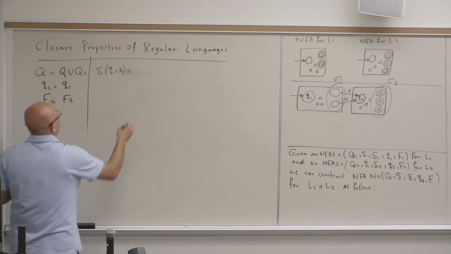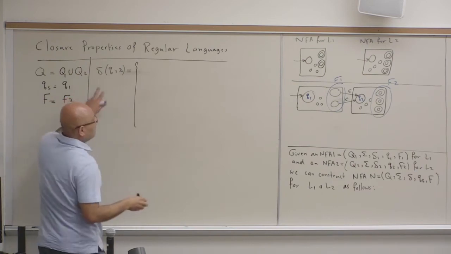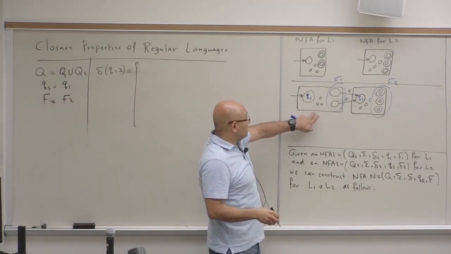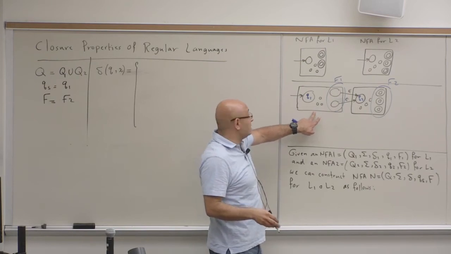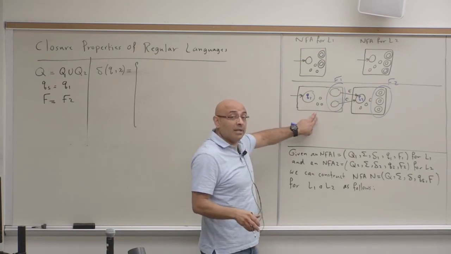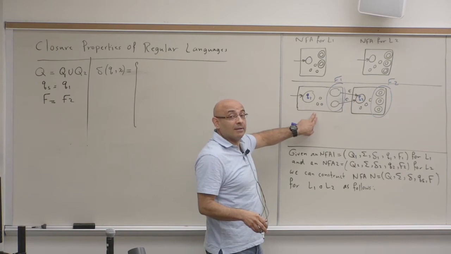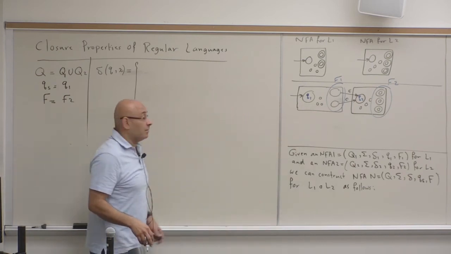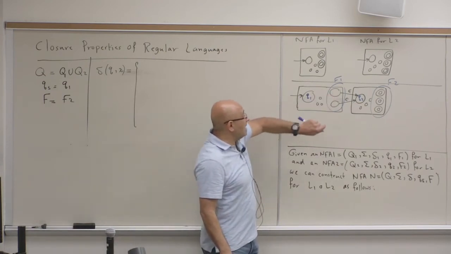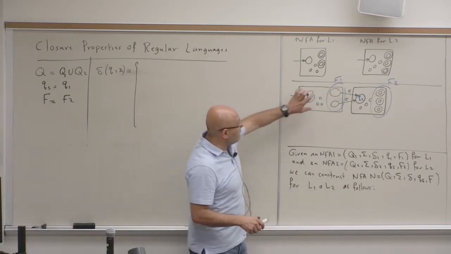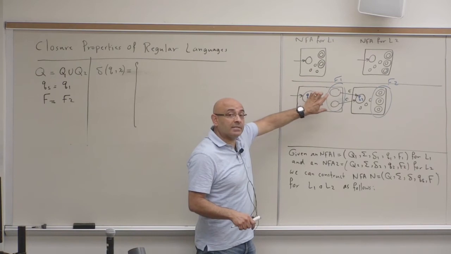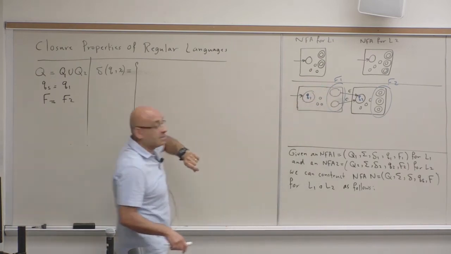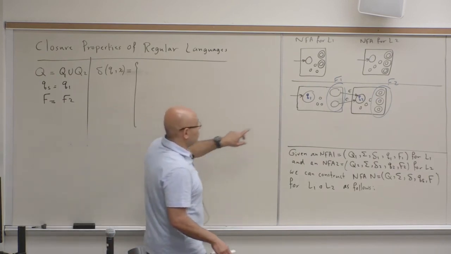What's delta for the original states? Did I change the transitions for the original states in NFA1? Yes, I did. I changed it for the final states. The final states in F1 are the only states for which I have changed the transitions. Everything else, I did not change the transition.